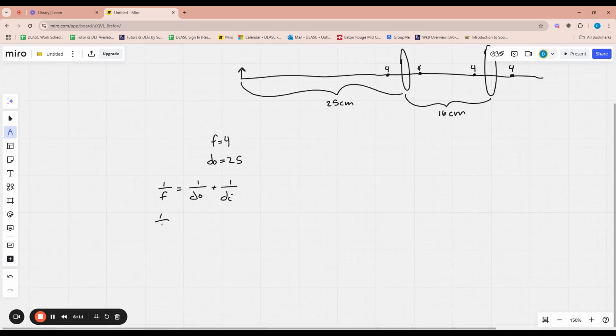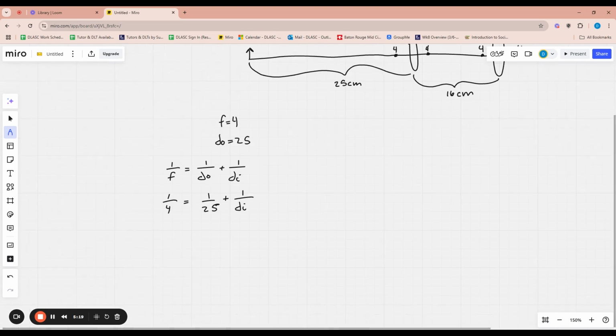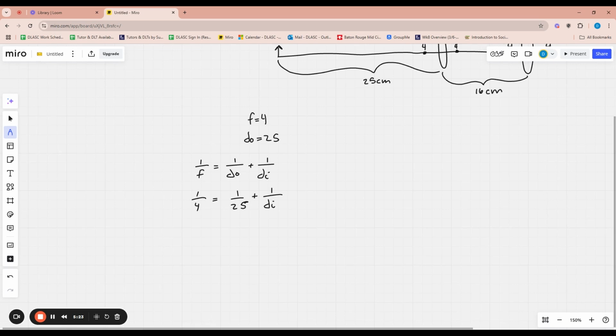So we have 1 over 4 is equal to 1 over 25 plus 1 over d_i. And we're looking for d_i, so let's get 1 over d_i on one side of the equal sign. And we do that by subtracting 1 over 25 from 1 over 4.